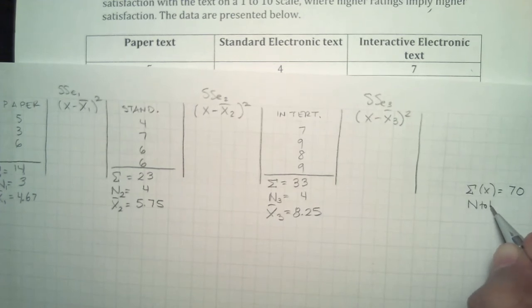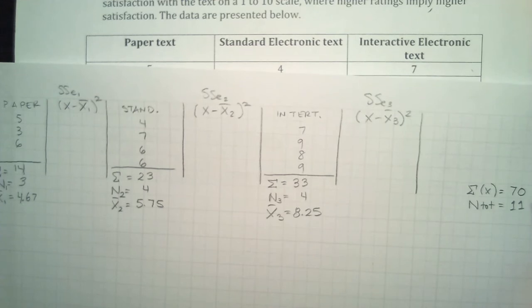N total is 11. Now I divide 70 by 11. That will give me my grand mean, which is 6.36.